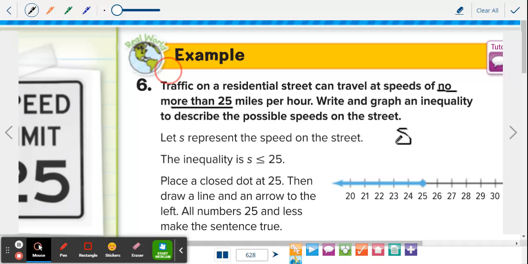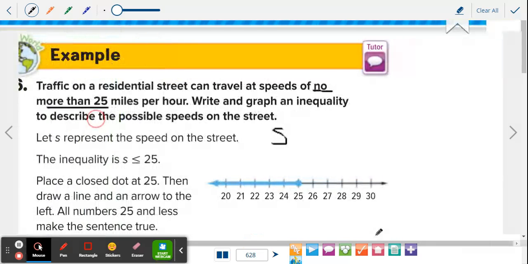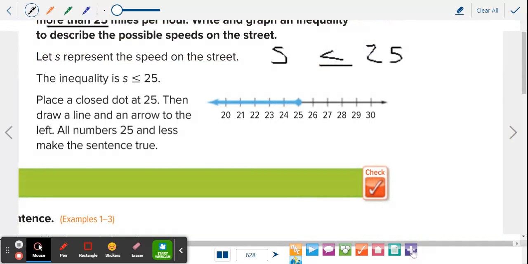So let's say S for speed and 25. So if we can't go over 25, can we go to 25? So we can equal it, but can we go over it? No. So what symbol are we going to use here? Less than or equal to. So you write it, then graph it, and that's all they want you to do for this real world situation.